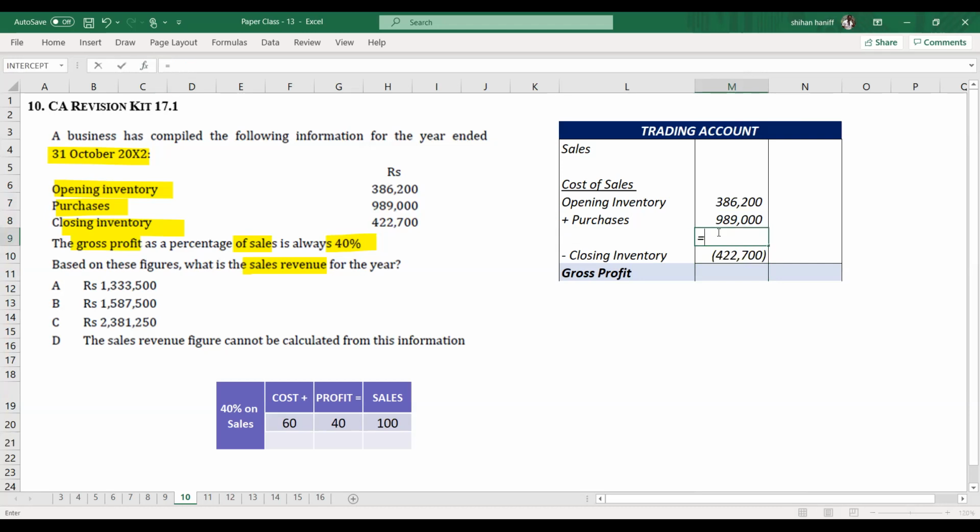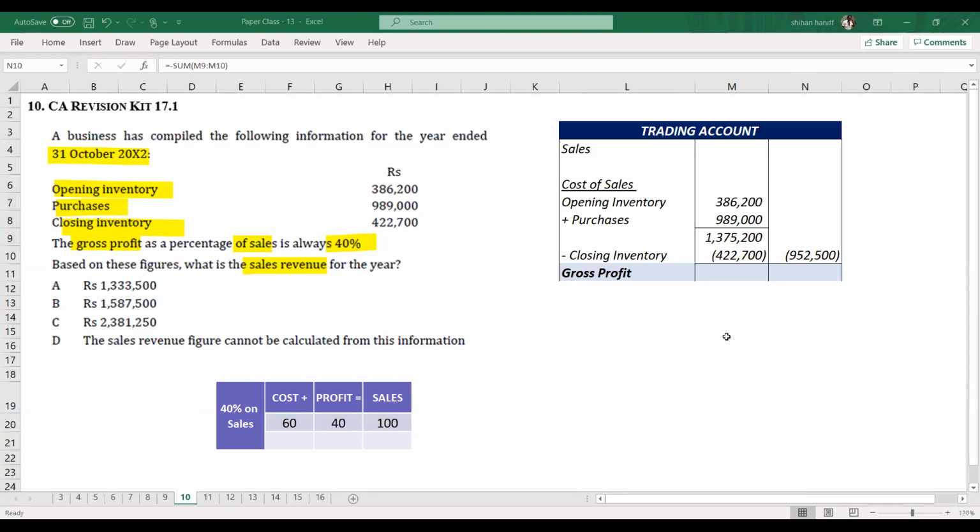Here the total is calculated, so cost of sales is 952,500.